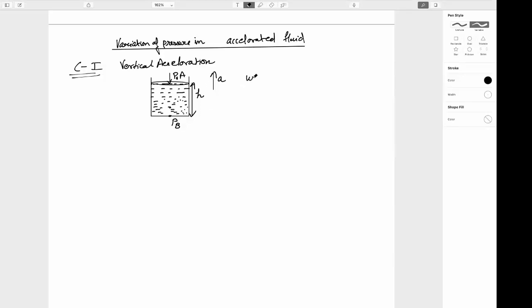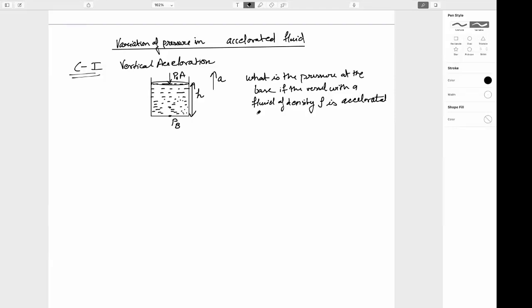So we need to find what is the pressure at the base if the vessel with a fluid of density rho is accelerated with a.